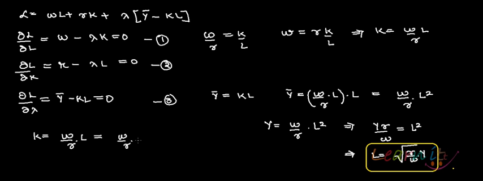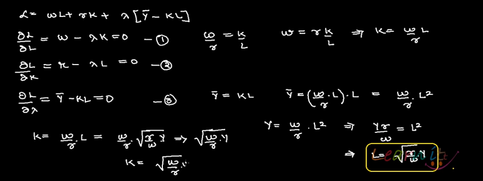L you have just found out, which is root of R by W into Y. So it will be root of W by R Y. This is what your K is.